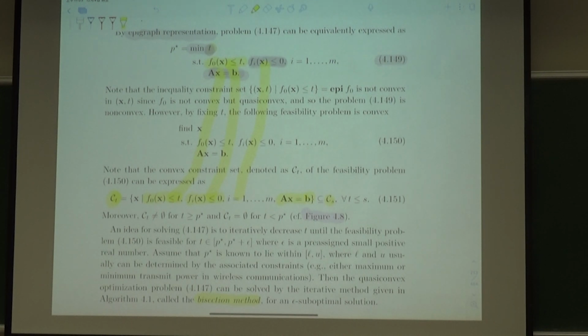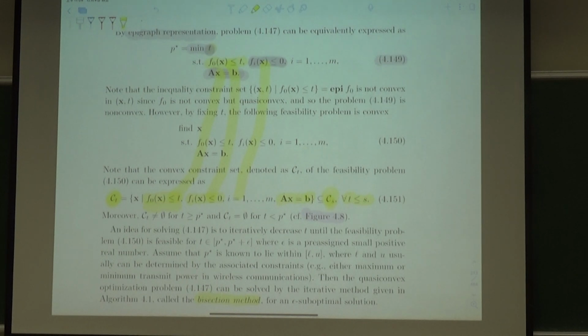If t is less than s, then you replace t by s and you get a new set C_s. C_t is a subset of C_s because C_s is the largest set. However, any time you give a t, the feasible set is convex.